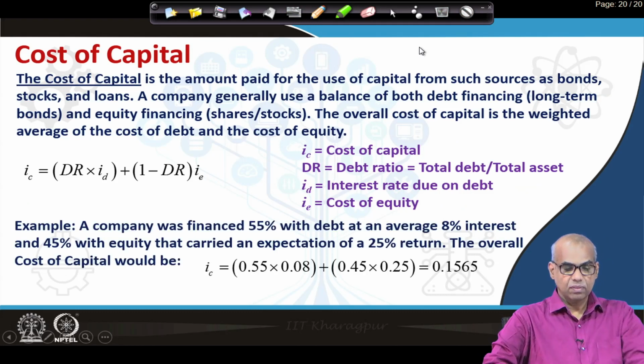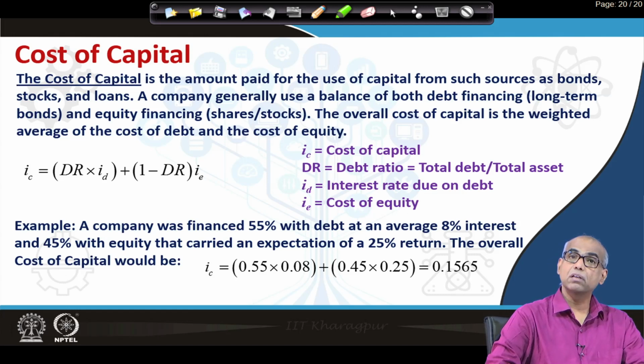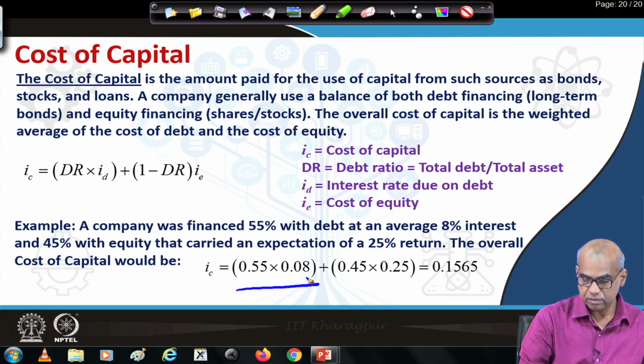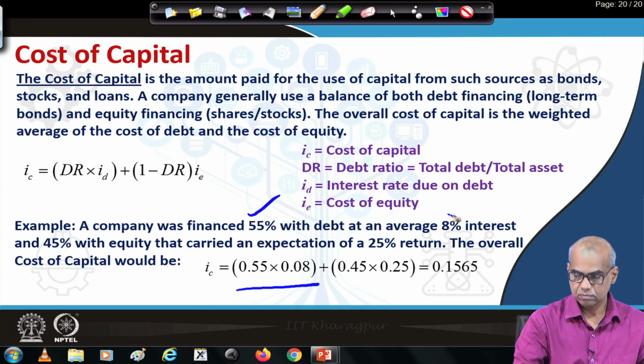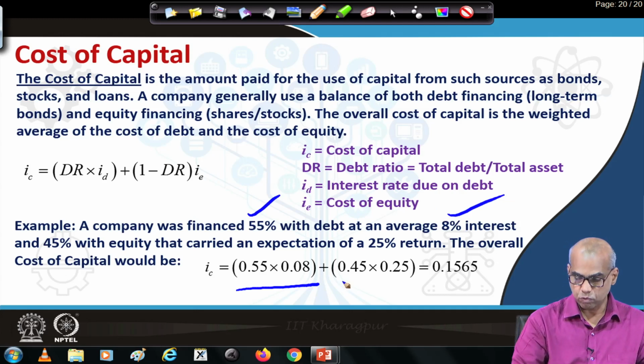For example, say a company was financed 55% with debt at an average 8% interest and 45% with equity that carried an expectation of a 25% return. The overall cost of the capital will be 0.55 into 0.08 plus 1 minus 0.55, which is 0.45, times 0.25.